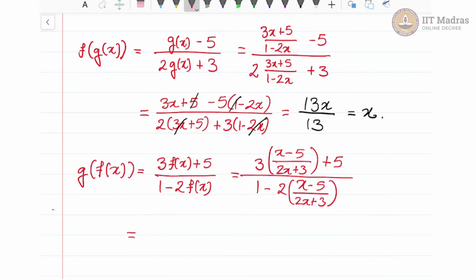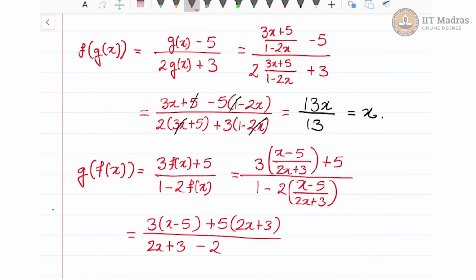Multiply both sides by the denominator 2x plus 3, and then you will get 3 times (x minus 5) plus 5 times (2x plus 3), upon 1 is there, so (2x plus 3) as it is, minus 2 into (x minus 5).